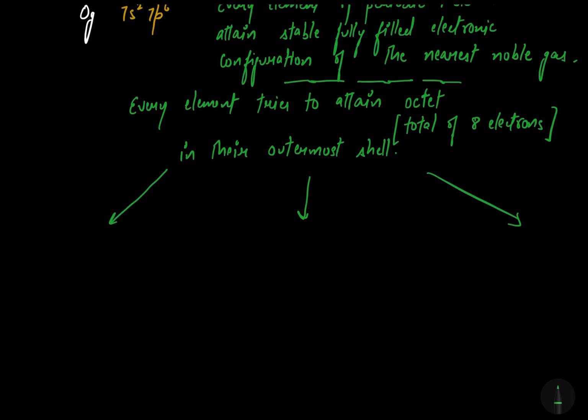Either the element will lose electrons to attain an octet and form a cation.